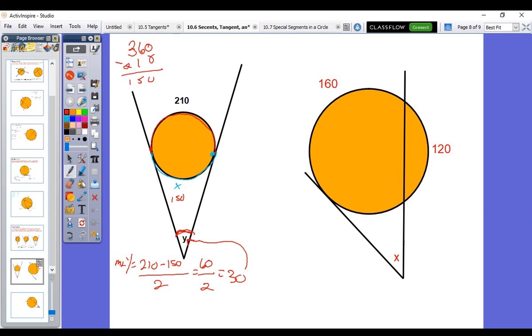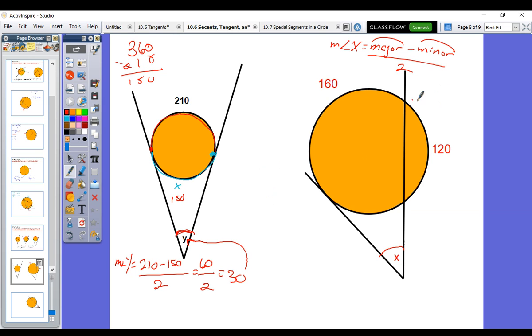All right, let's try this one over here. This is broken into 3 arcs. This arc, and this arc right here. We're still looking for the outside value of the angle. So we're still doing the measurement of angle X is equal to the major minus the minor divided by 2.